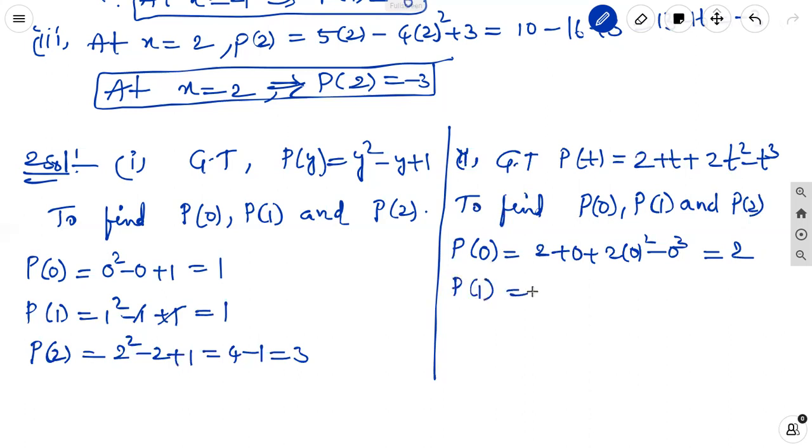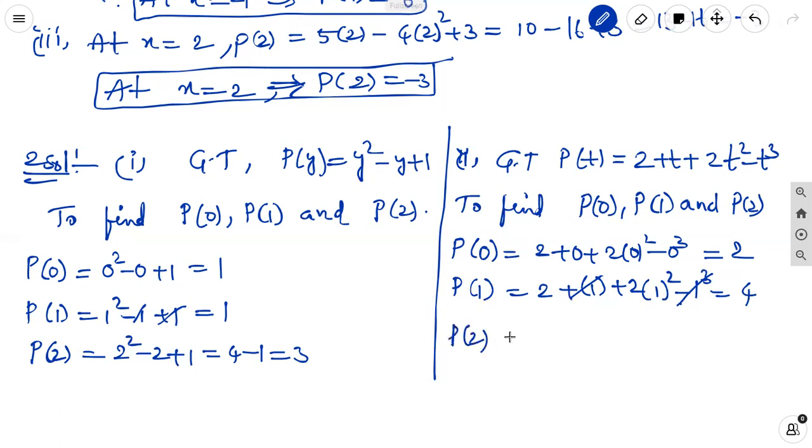Next, p of 1: in the place of t, substitute 1, 2 plus 1 plus 2 into 1 square minus 1 cube. That is equal to 2 plus 1, 3. 1 square is nothing but 1, 2. Here plus 1, 1 cube is cancelled. 2 plus 2 is 4.